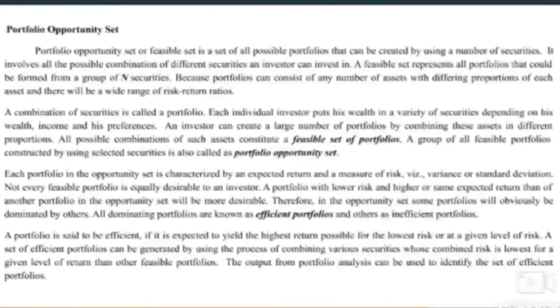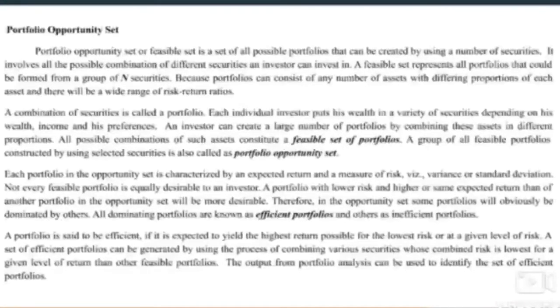Obviously portfolio B, which has 20 risk and only 20 return, will be the inefficient one. That is, portfolio A, offering less risk and higher return, is the dominating one and it will be selected as the efficient portfolio. This concept we will see in detail later.